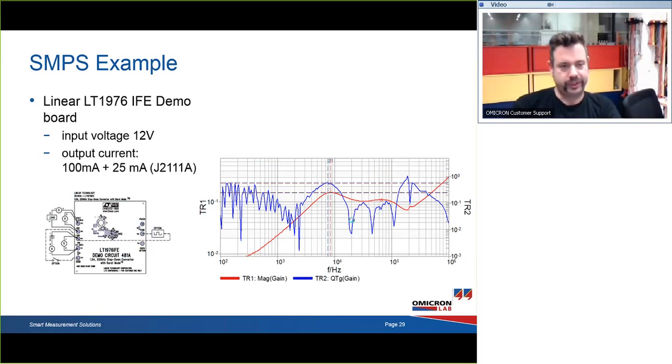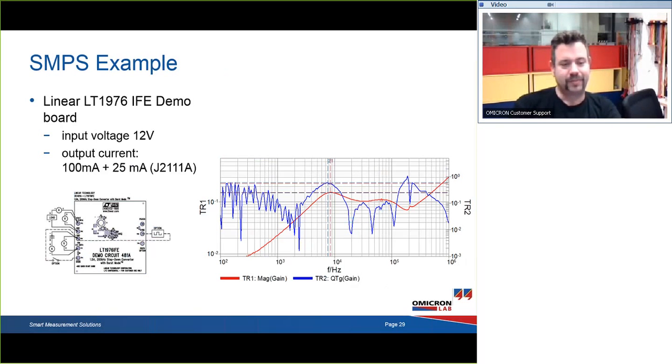We are using our beloved LT1976 board, a board that never failed us so far. I can remember that we wrote our very first power supply application note with this board, and we have 2 or 3 of them, and they still all are working.